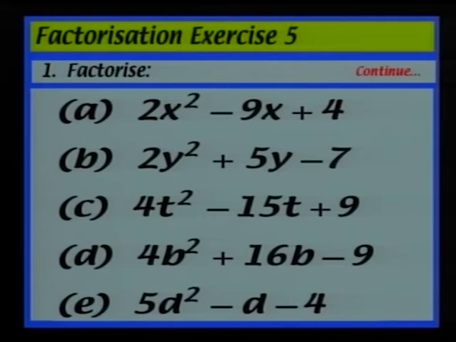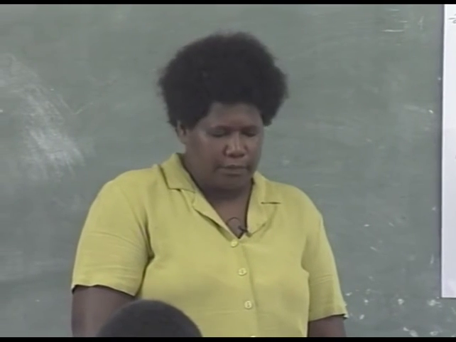All right, let's just check whether we've got the correct answers. Letter A, Boromeo. 2x squared minus 9x plus 4.